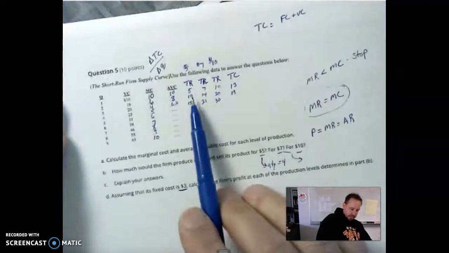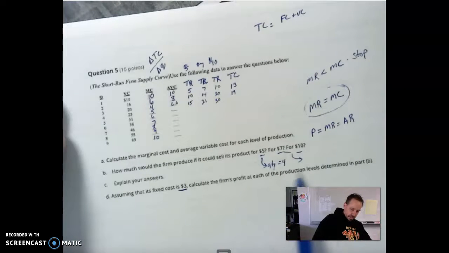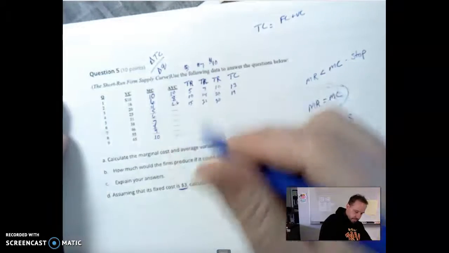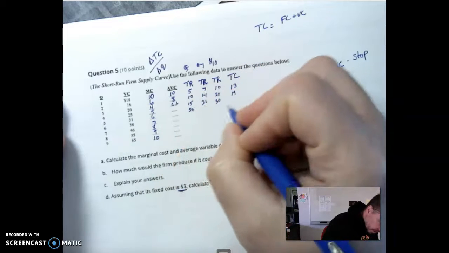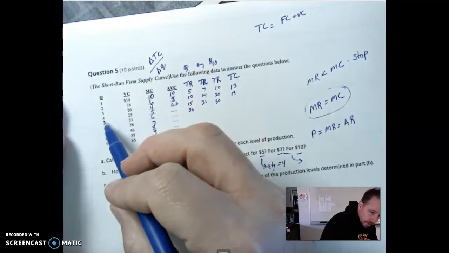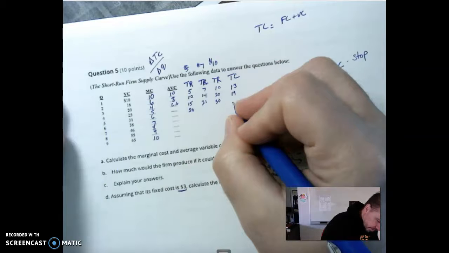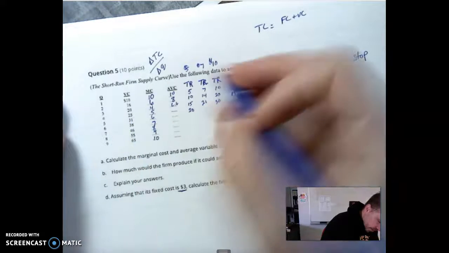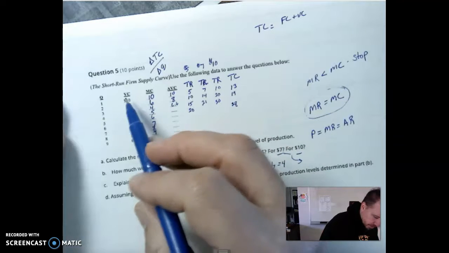And now you can start to see my total revenue. I got to get down to my 4, I'm going to go 20, and my total cost at output of 4, tough to read here, 4 times 5 is 20, total cost 28, and I got that total cost because I took 25 and I added 3 to it, my fixed.